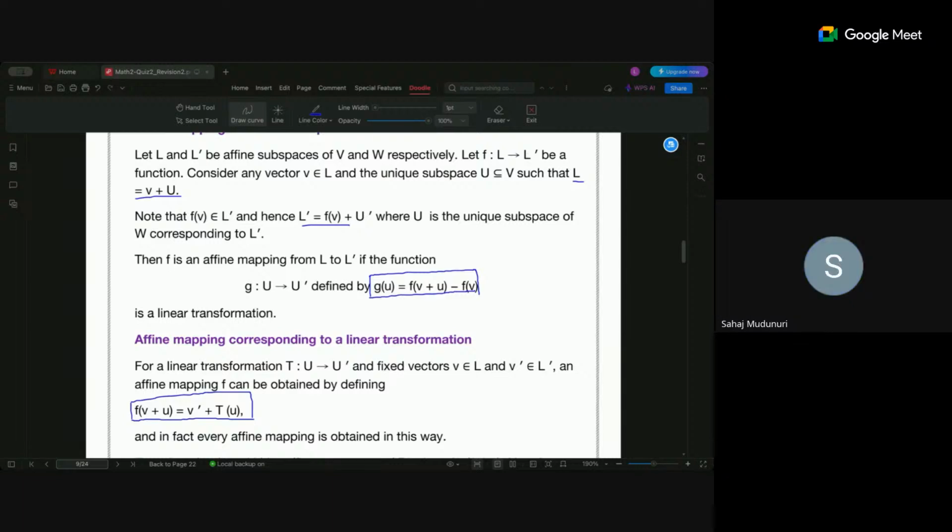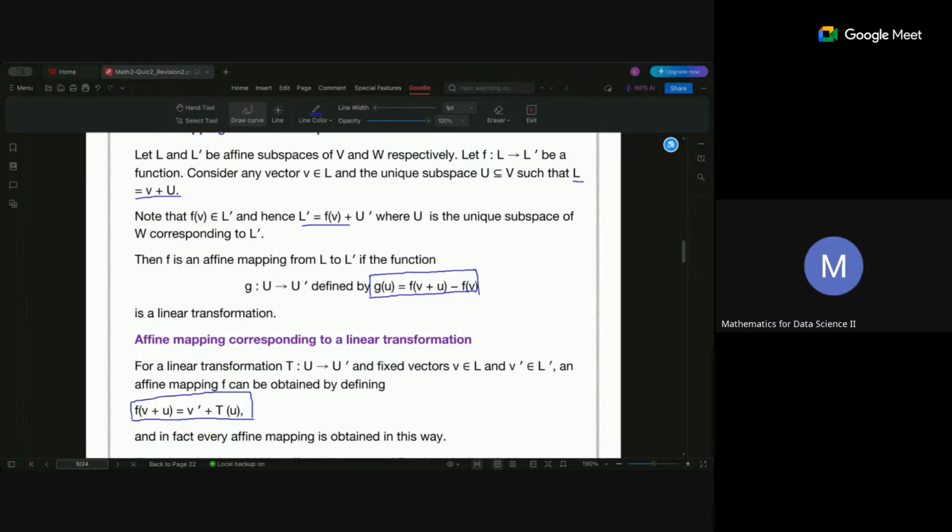Ma'am, so g of u is equal to f of v. Ma'am, f is acting on just the constant term that is being added, if I'm correct? See, it is not at all a constant. It is a fixed vector. Yes, that's what I mean.